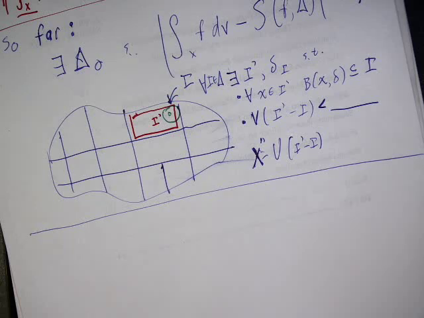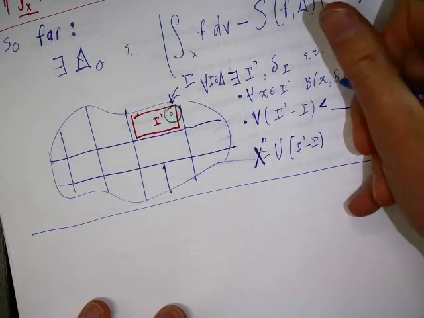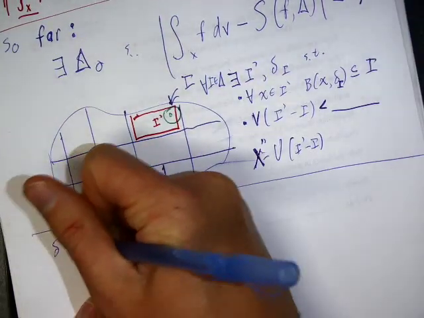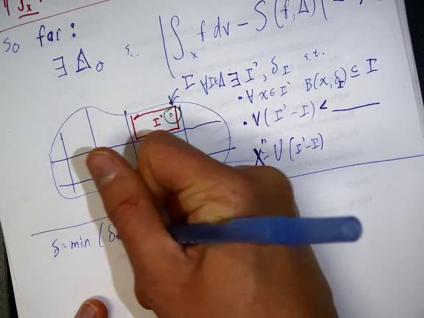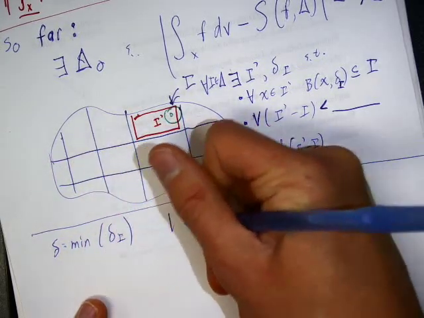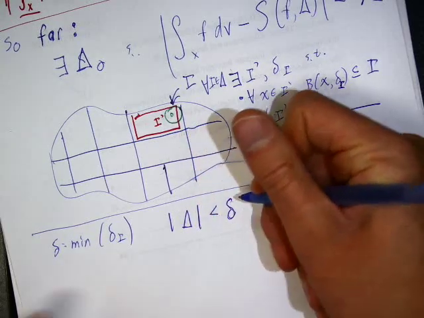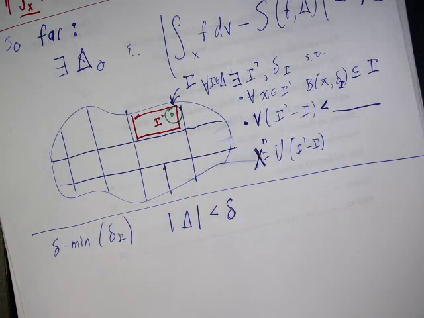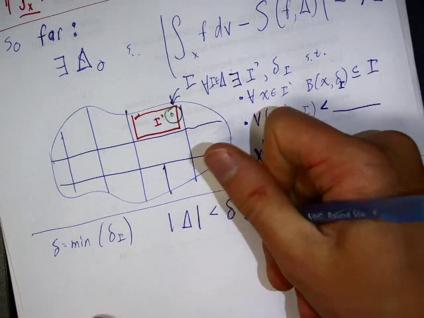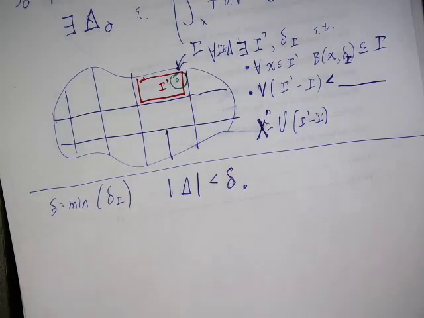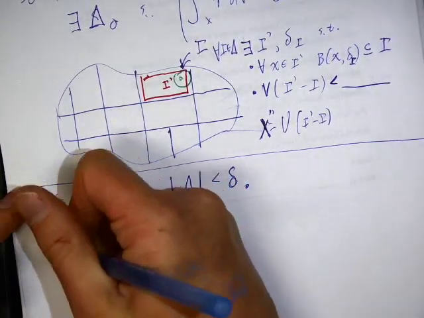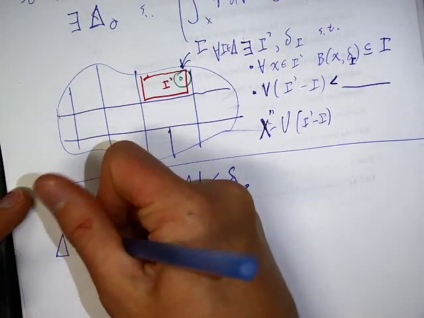So then what was the game? So then we said, well, let's see. These are all delta I's. We took delta to be the min of all of these delta I's. And we took some subdivision delta whose mesh size is less than that positive number delta. And then by just drawing a picture, you can see, I guess delta prime was then a refinement.